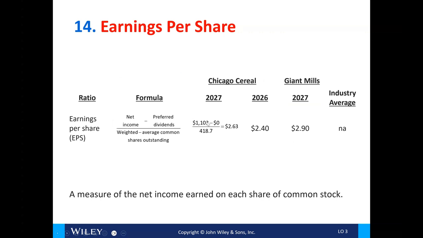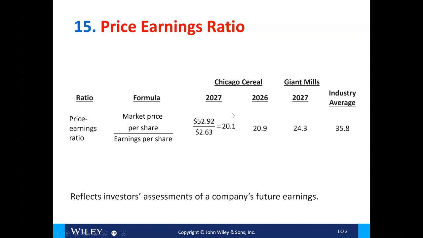Earnings per share is 2.63. We have no preferred dividends, so all of the earnings go to the common shareholders, and there are 418.7. I don't know if this is millions, thousands, or whatever, but they earn 2.63 per share. And so their market price is 52.